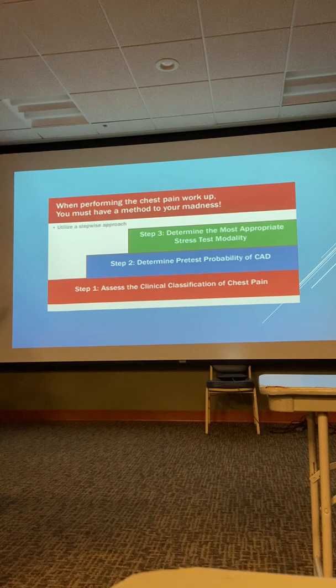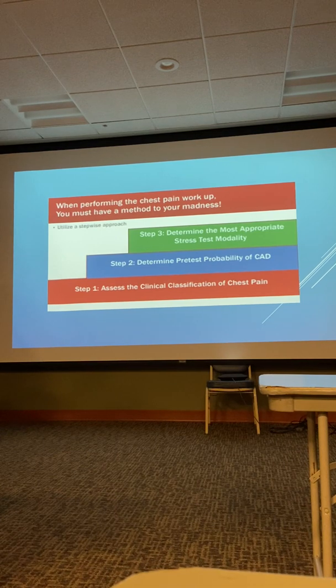Based on the pretest probability of coronary disease, what's the right thing to do? Is the right thing to do a stress test? Is the right thing to cath a patient? If the pretest probability is very high, say an 80-year-old guy who has high blood pressure and diabetes, and every time he walks from here to the bathroom he gets chest pain that goes away when he stops, the likelihood of that being coronary disease is super high. Treadmill testing in that situation probably doesn't offer a lot of benefit, probably some risk.